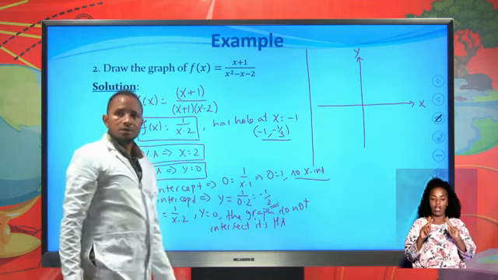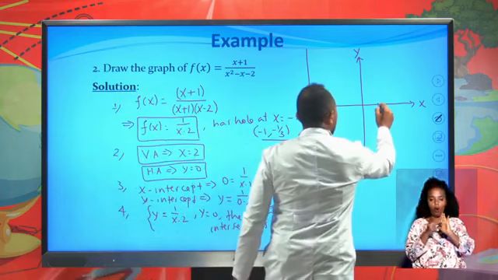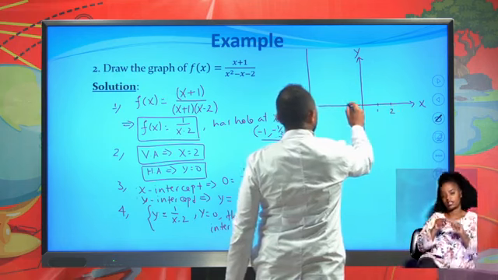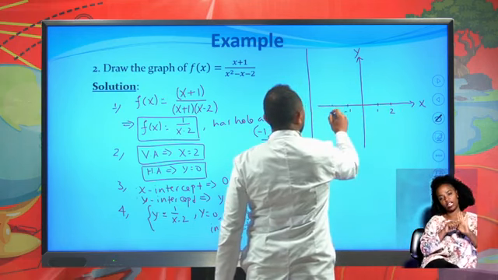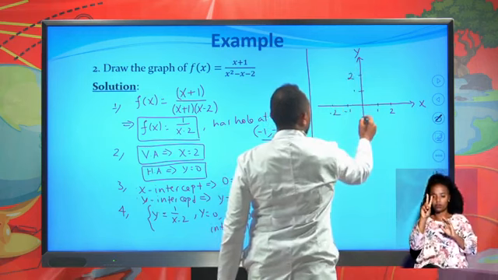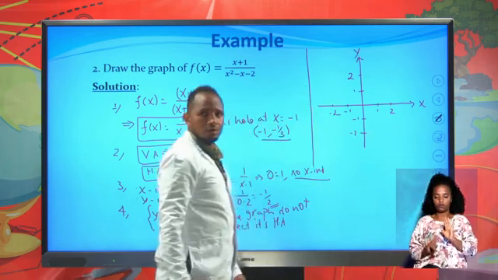Now, let's put the asymptotes first. Let's divide this to be 1, 2, negative 1, negative 2, and again here, 1, 2, negative 1, negative 2.